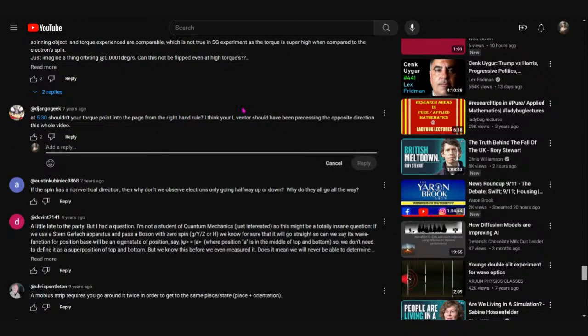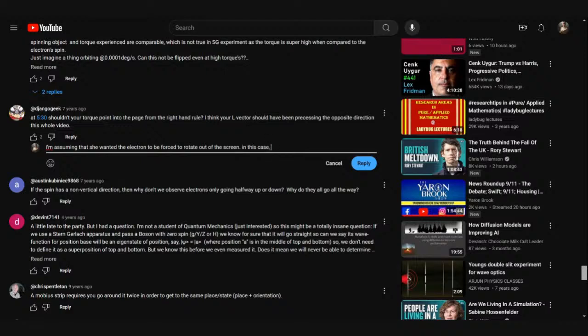Well, I mean, we know what she wants. So I'm assuming that she wanted the electron to be forced to rotate out of the screen.